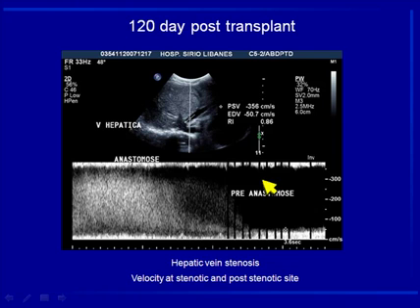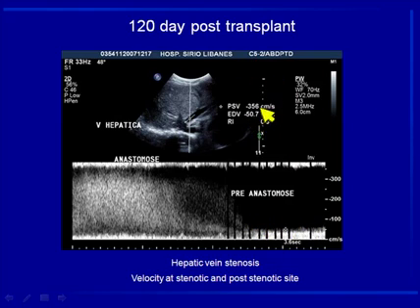Case 1. We can identify hepatic vein stenosis, a high velocity at the site of the stenosis, and low velocity at the pre-stenotic site and monophasic flow.